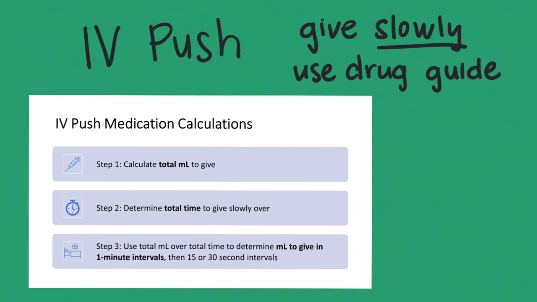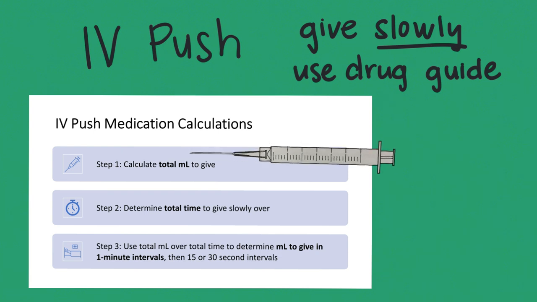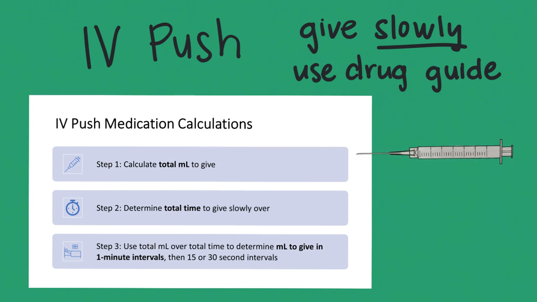Now I have my list of 3 steps that are necessary when giving an IV push or a slow IV medication. The first thing you're going to do is calculate how many milliliters to give. And I have here a syringe that I'm just going to put over here so you can see and think about, oh, I'm going to fill up a syringe.